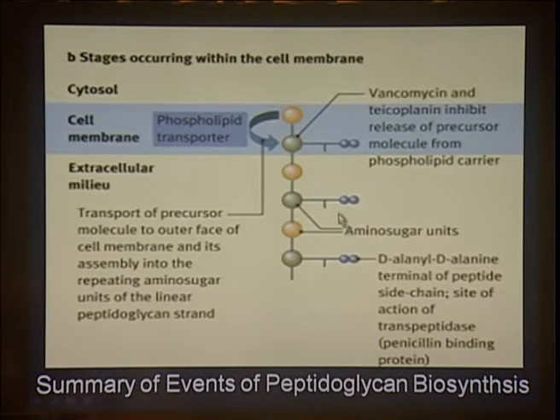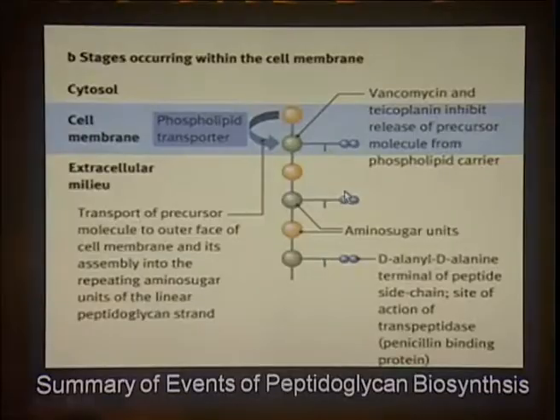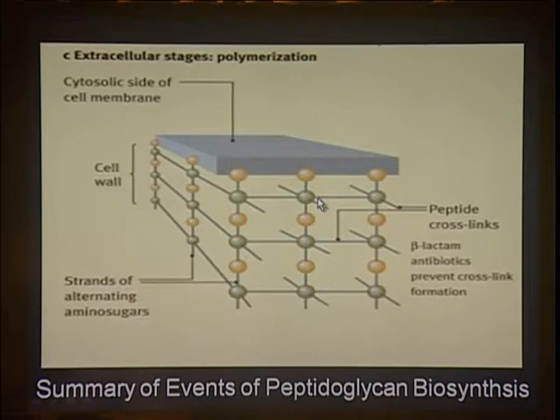And the next is the formation of the sugar residue, and this is the amino acid residue, this is step 2, and the third one is the transfer of this unit outside the cell membrane, producing the cell wall outside.